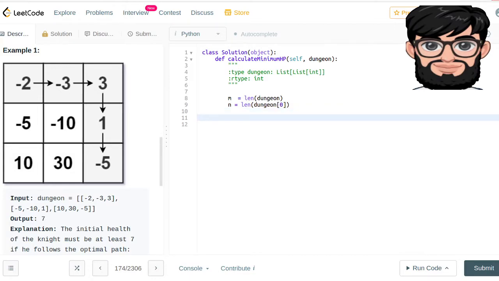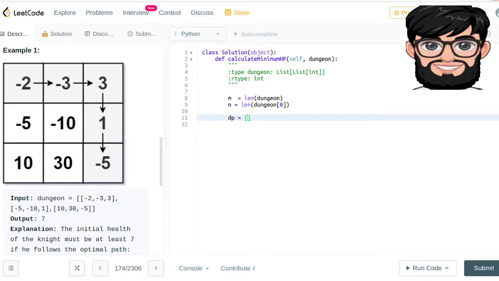Then we're going to use the bottom up approach. We're going to initialize our DP array with all infinities for an m plus 1 cross n plus 1 matrix.